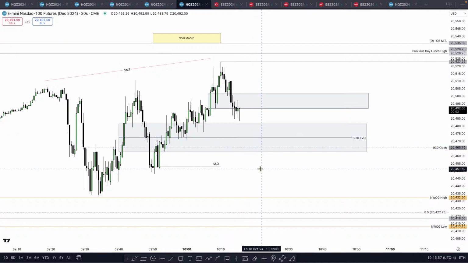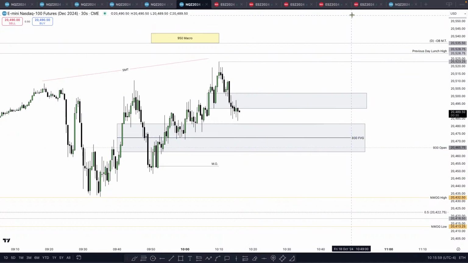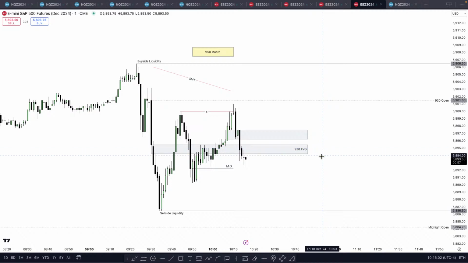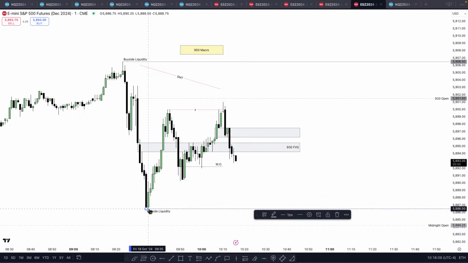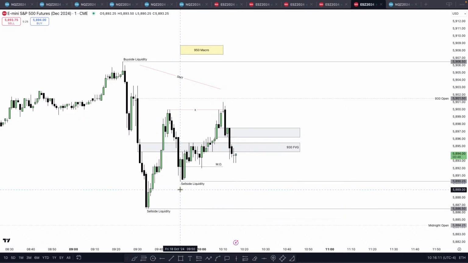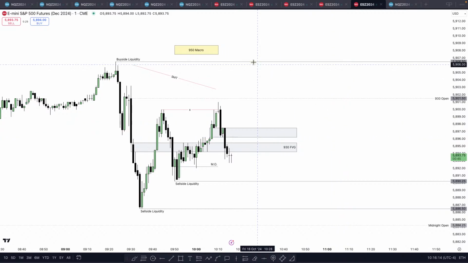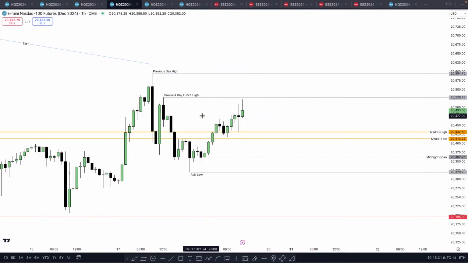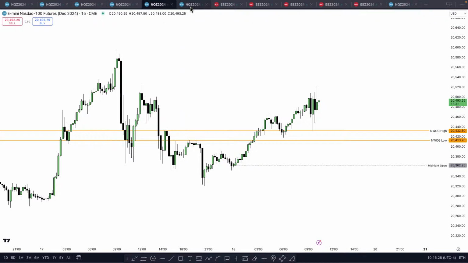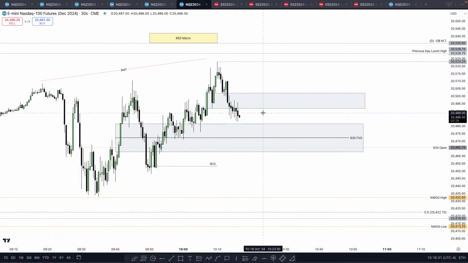We want to see if we're going to close below it. See, it still looks suspect up here. So we'll just take it step by step, candle by candle.